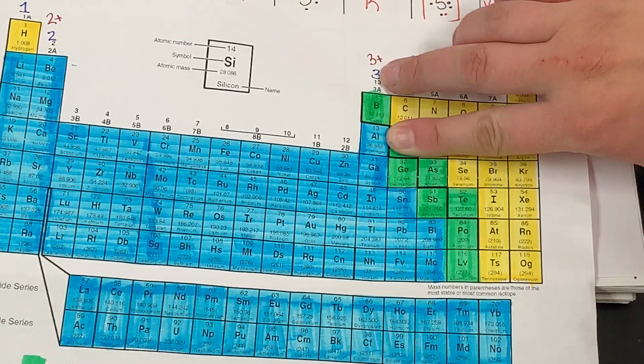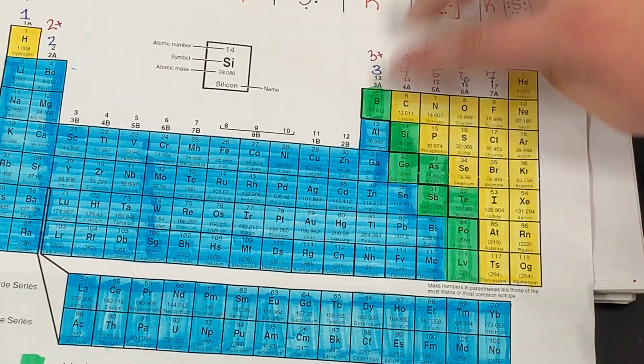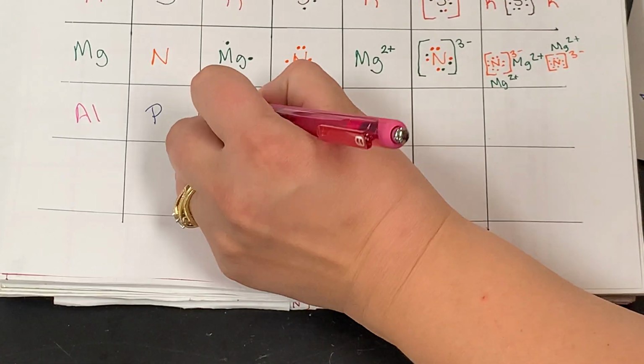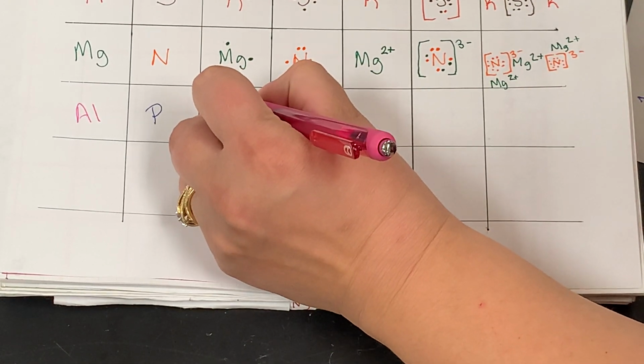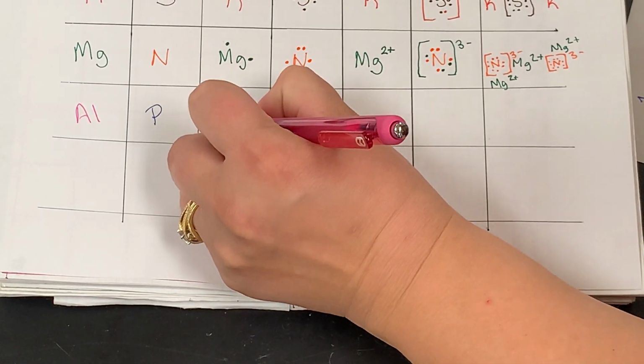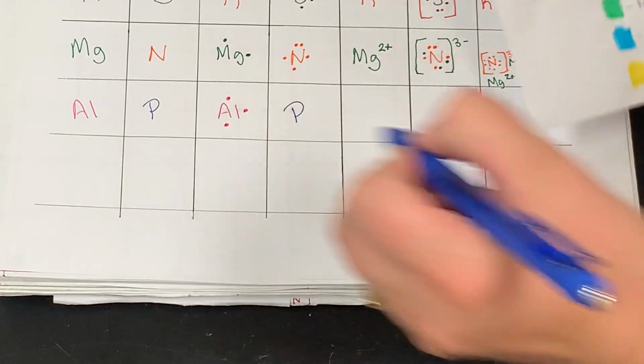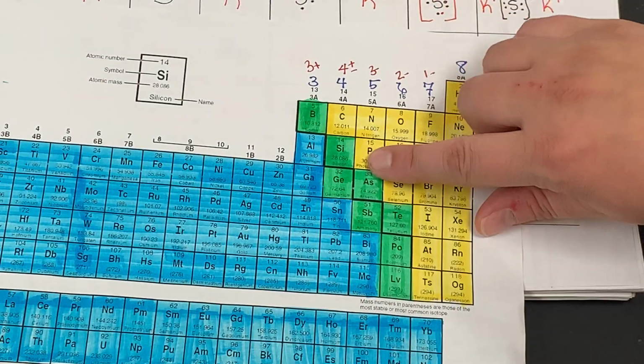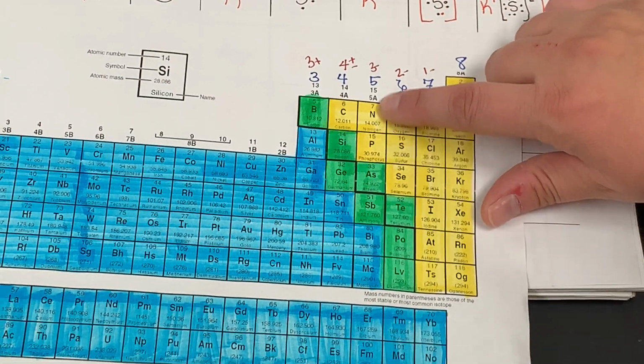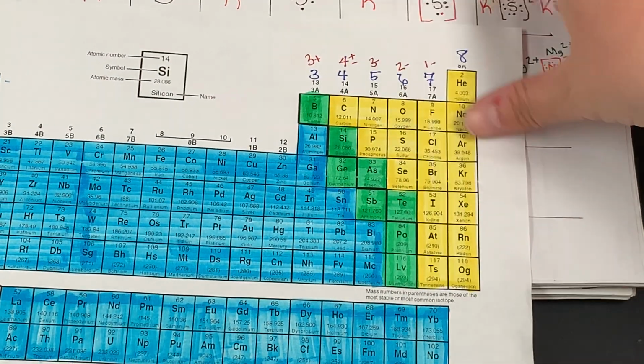Aluminum is here, so it has 3 total valence electrons. So let's draw its symbol and give it 1, 2, 3 valence electrons. Let's find phosphorus. Phosphorus is here, group 15, so it has 5 valence electrons.